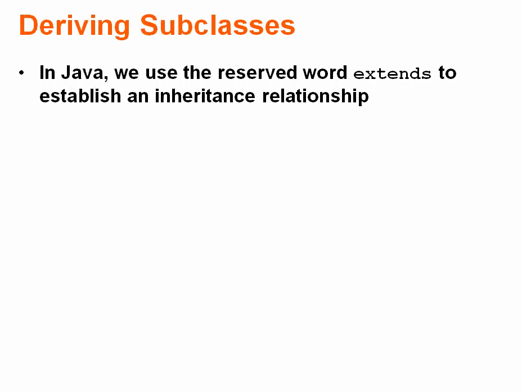Now there is one of the most important points in Java: how we can derive our subclass. In Java, we use the reserved keyword extends to establish an inheritance relationship. It means using the extends keyword, we can use inheritance.